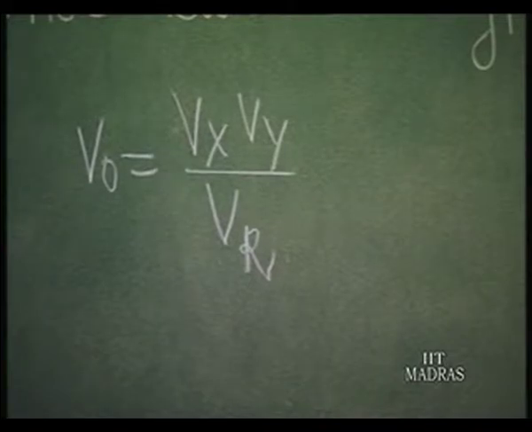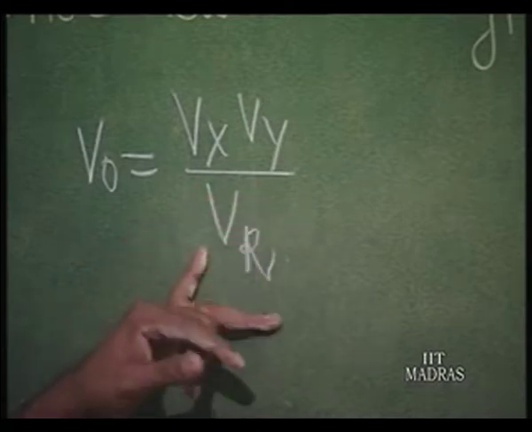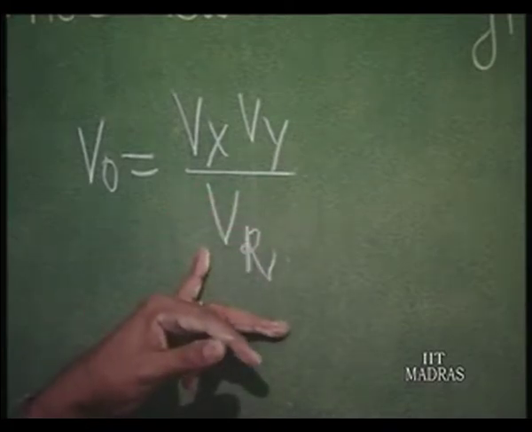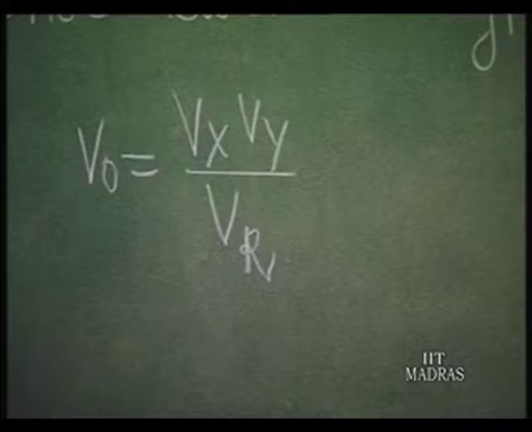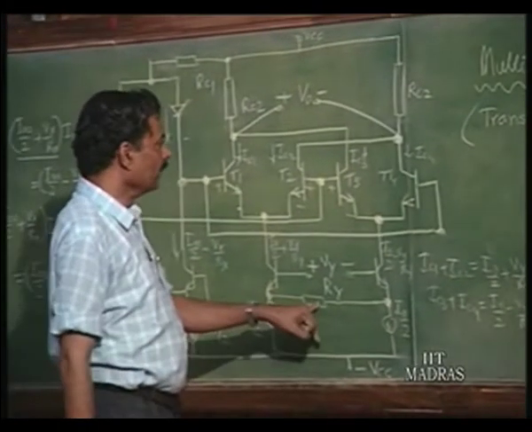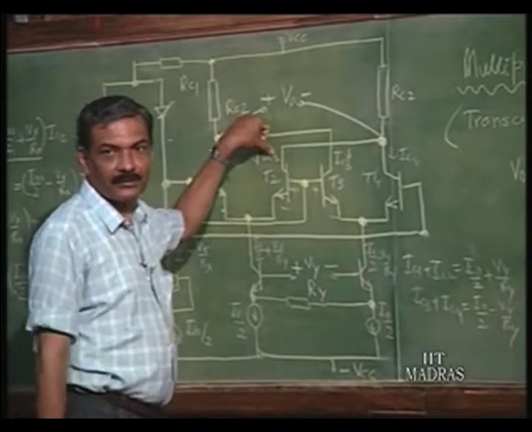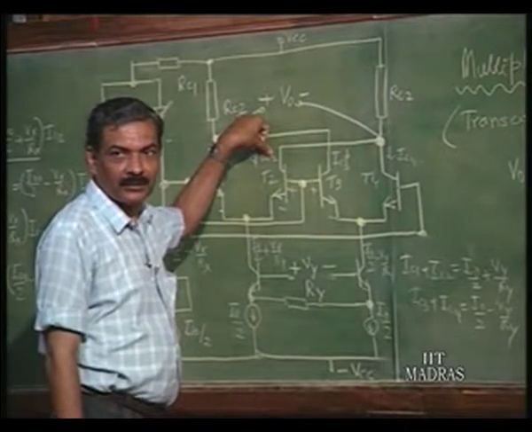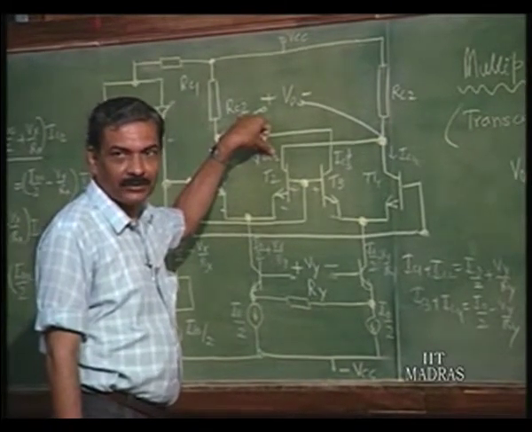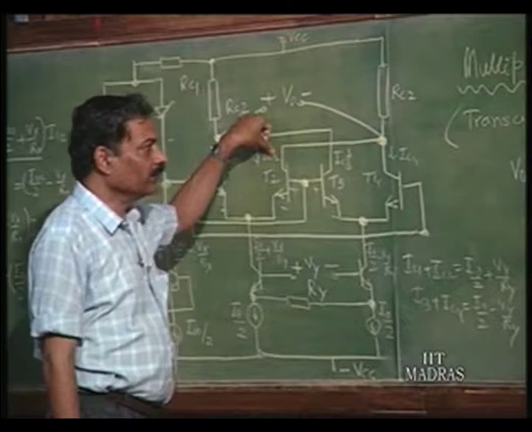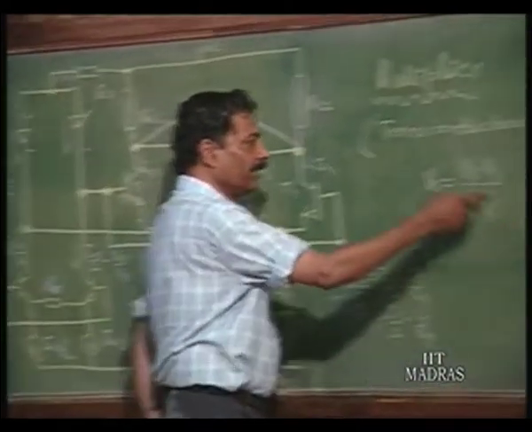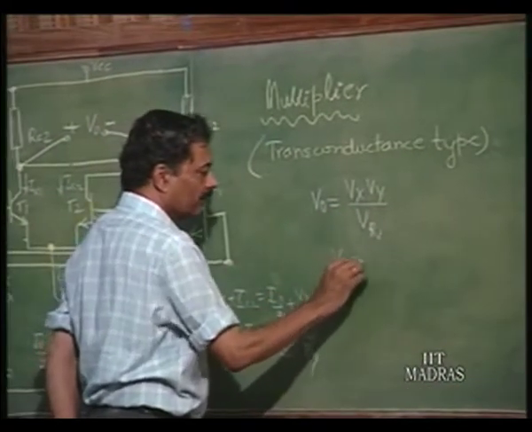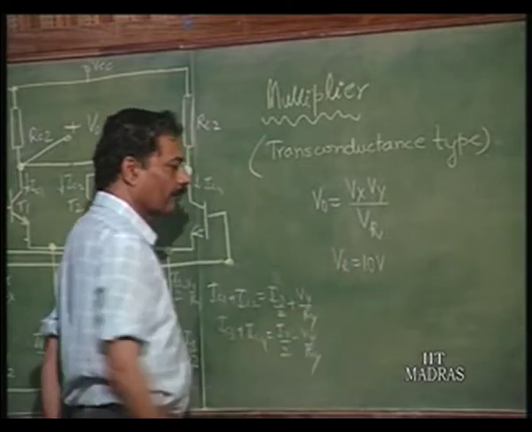So, this we had shown in the last class. This Vr could be made equal to 10 volts by proper choice of Rx, Ry and RC2 and I naught by 2. So, we can make VR equal to 10 volts.